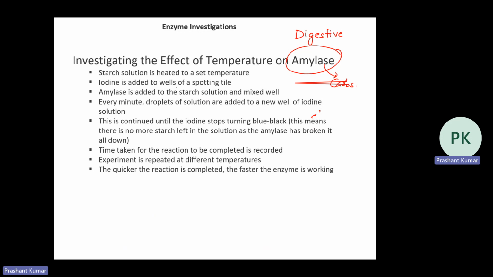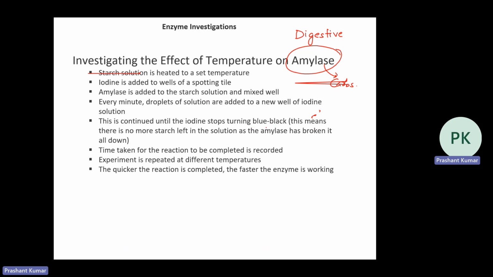So starch solution is heated to the set temperature. Iodine is added to the wells of the spotting tile. Amylase is added to the starch solution and mixed well. Every minute, a drop of the solution is added to a new well of iodine solution. This is continued until the iodine stops turning blue-black.